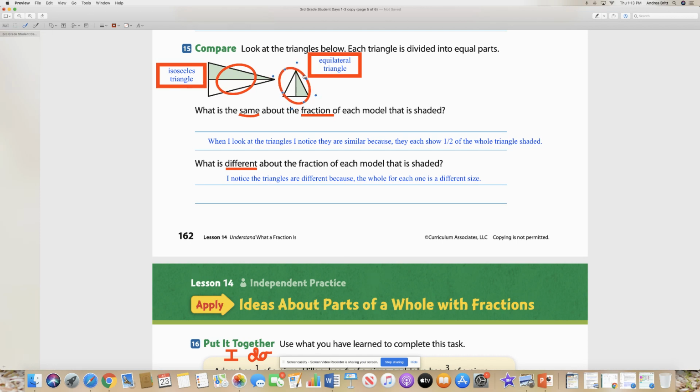And you can look at that and tell because this half is smaller than that half. If this was pizza or a cookie or something, I would much rather have the larger half than the smaller half. Even though they're both halves, the wholes are different sizes. So I notice that the triangles are different because the whole for each one is a different size.